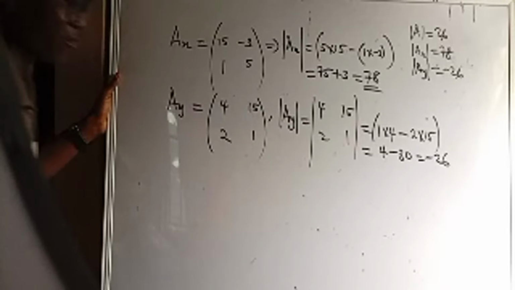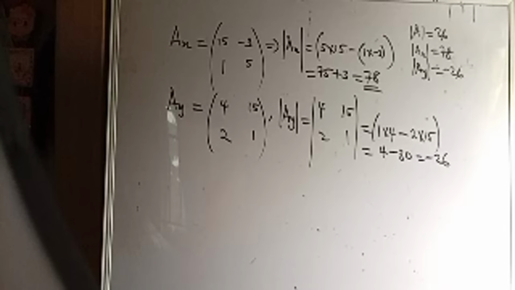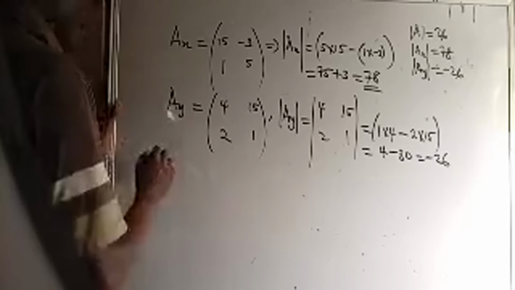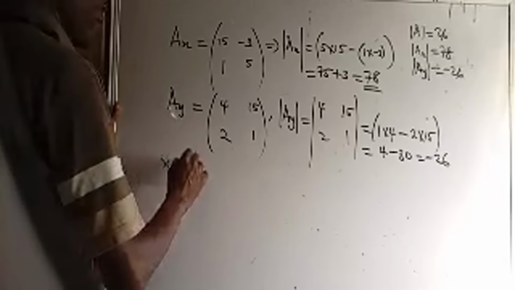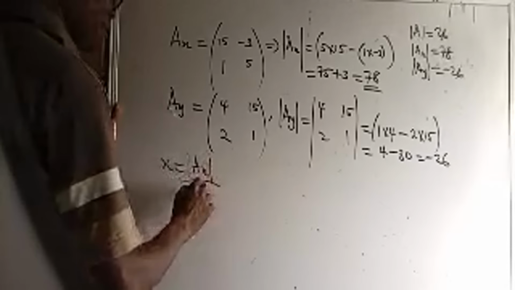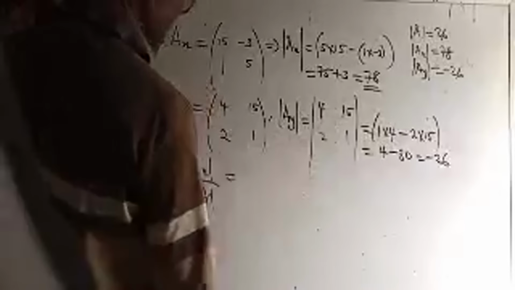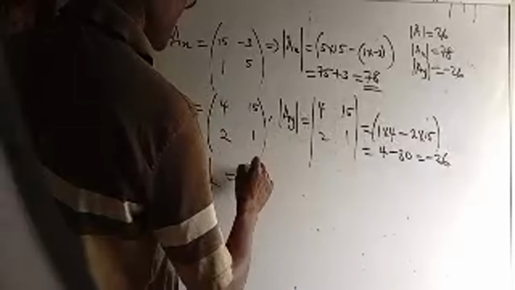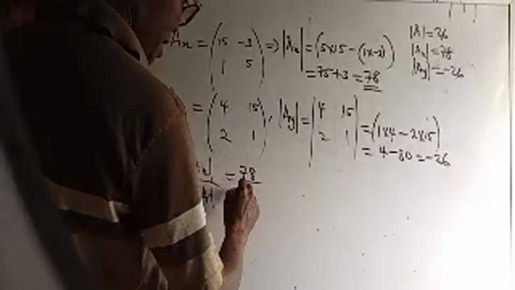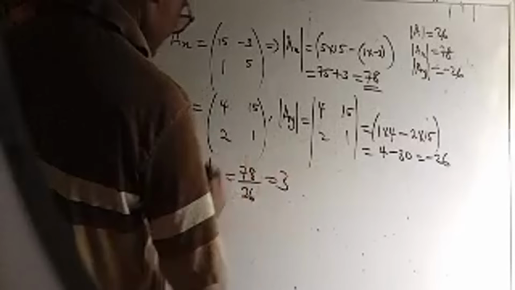Now, what is the value of x and y? So x will be determinant of AX over determinant of A. Determinant of AX was 78 over determinant of A is 26. So that is 3.